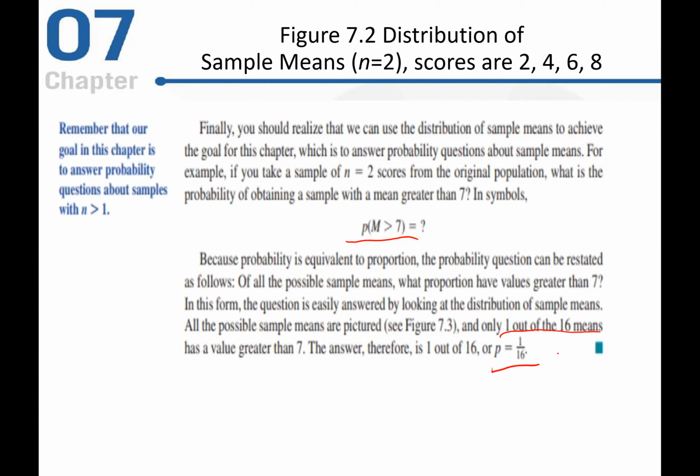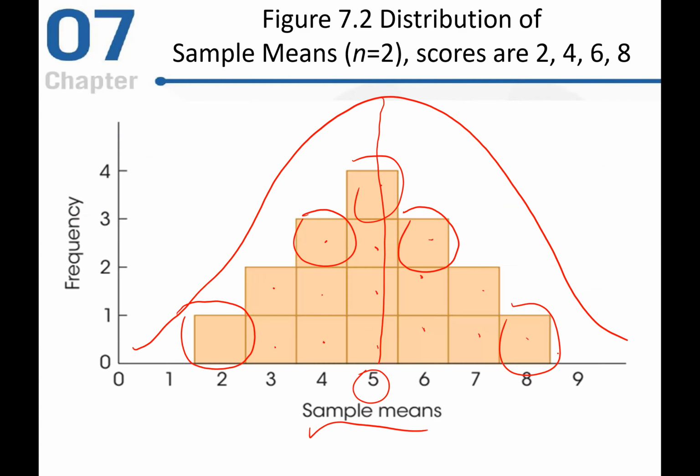So let's look at that again. It asks, what is the probability of getting a sample mean that is greater than 7? Well, the total number of possible outcomes is 16.